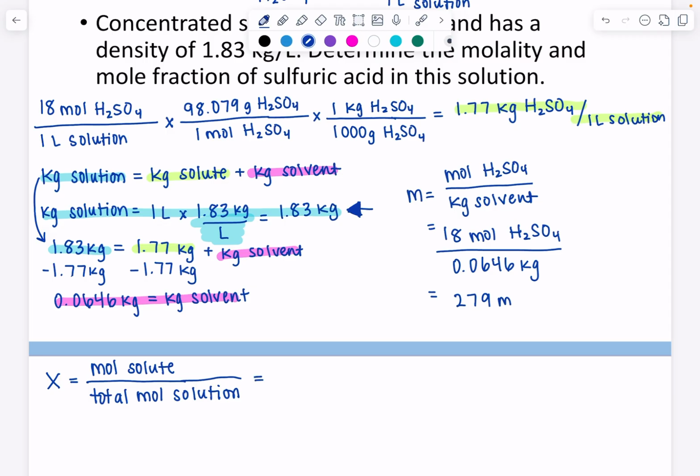So this would be moles of H2SO4, total moles will be moles of H2SO4 plus moles of the solvent, H2O.